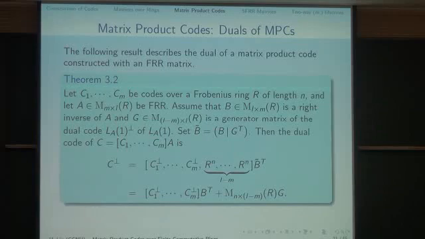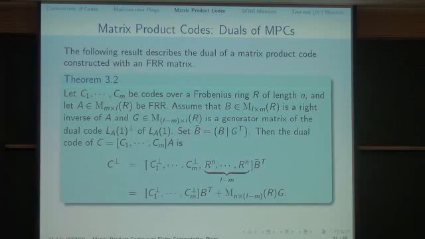Now this result is for the dual code. Given M codes, and this code is over a Frobenius ring R, let A be full rank. Then we can prove that since A is full rank, A has a right inverse. Assume that B is a right inverse of A, and G is the generator matrix of the dual code L_A perp, that is, G is the basis of the set of solutions of the linear equation system AX equals 0.